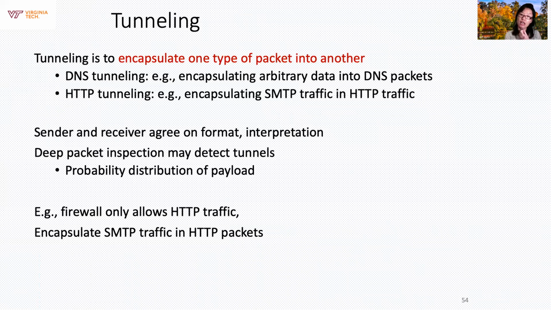It may look like a DNS packet, but it's actually an HTTP packet. As long as the receiving end is able to interpret this traffic and peel off the outer layer, the payload inside may be something else. This is in general called tunneling. Onion routing is essentially a similar concept, used together with other types of mixing and so on.